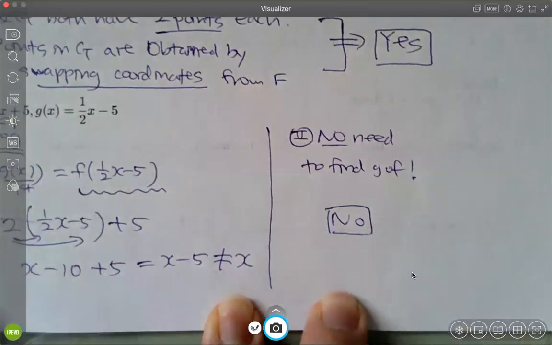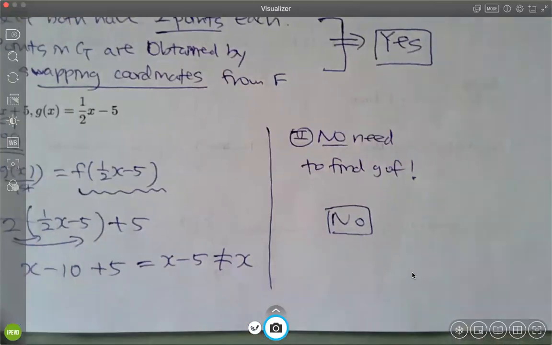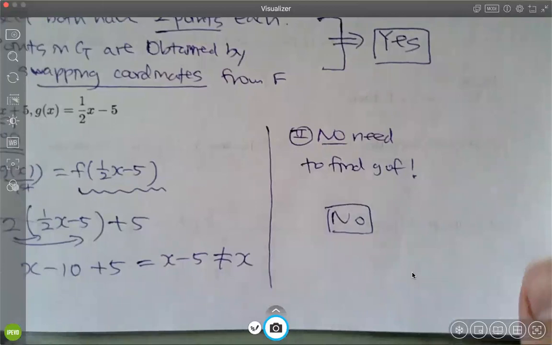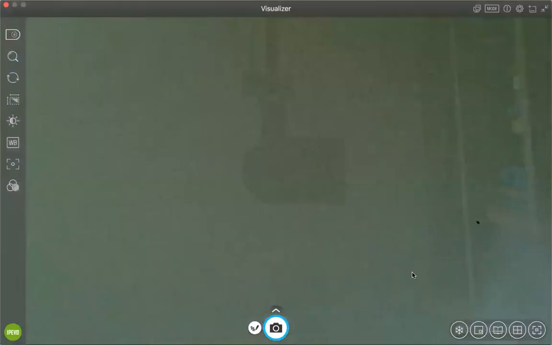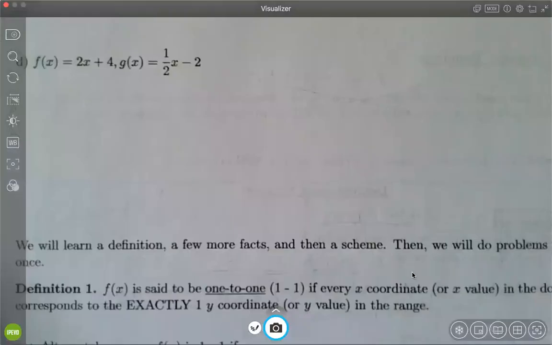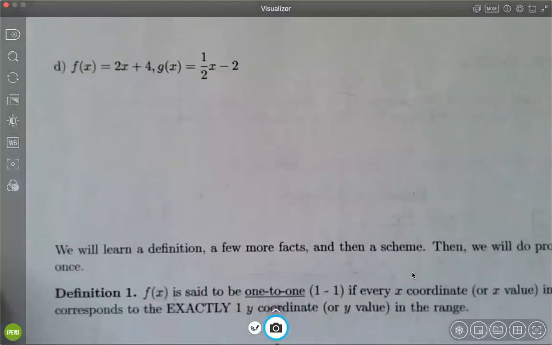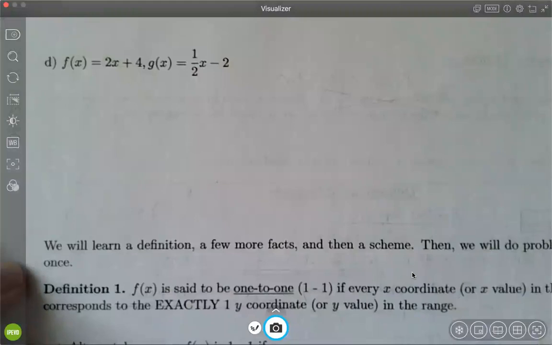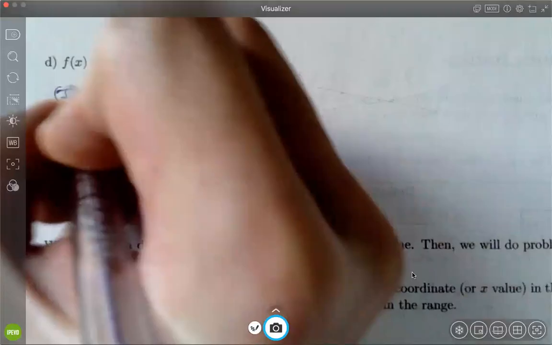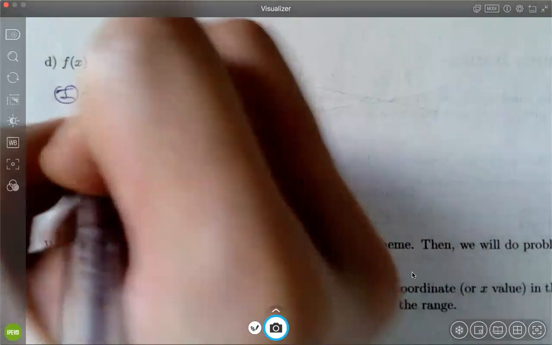Now part D is on the next page. Can I go to the next page? Okay, so now part D. F of x is 2x plus 4, and g is 1/2 x minus 2. Again, we have to find f circle g.